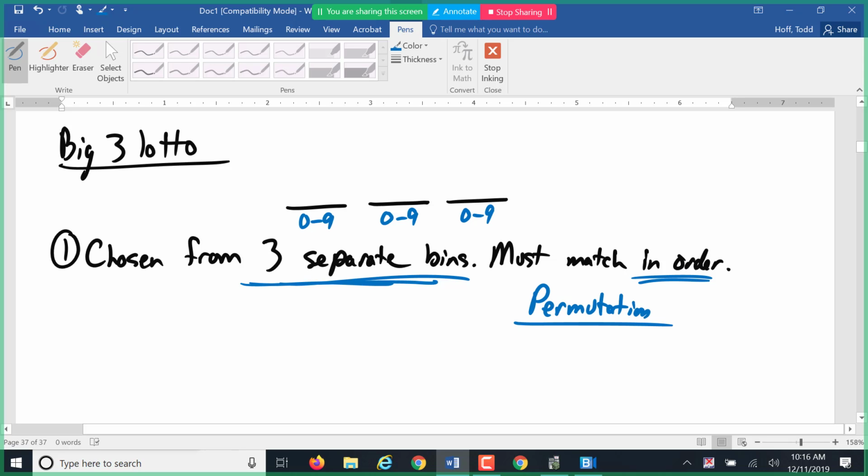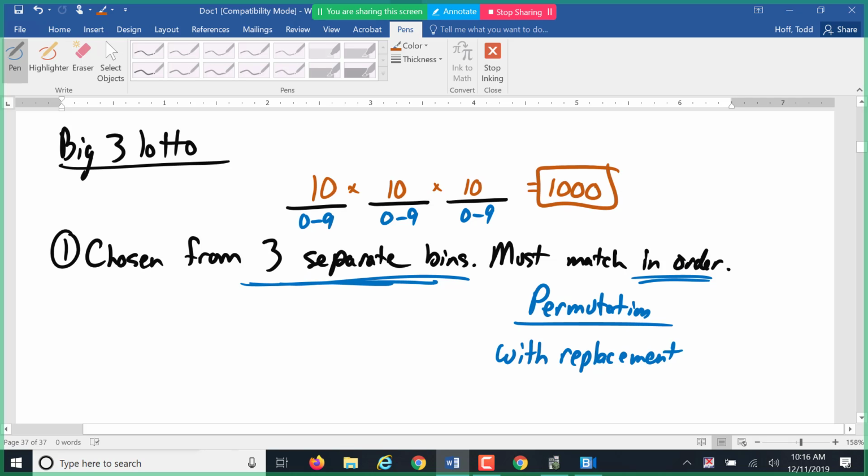So this is with replacement, because you can select a digit over again. So in this first digit, there's 10 possible numbers for that first one. The second one has also 10 possibilities because it's from a separate bin, and the third one also has 10 possibilities. That is just 1,000 possible combinations. So it gives you an idea of your chances to win.